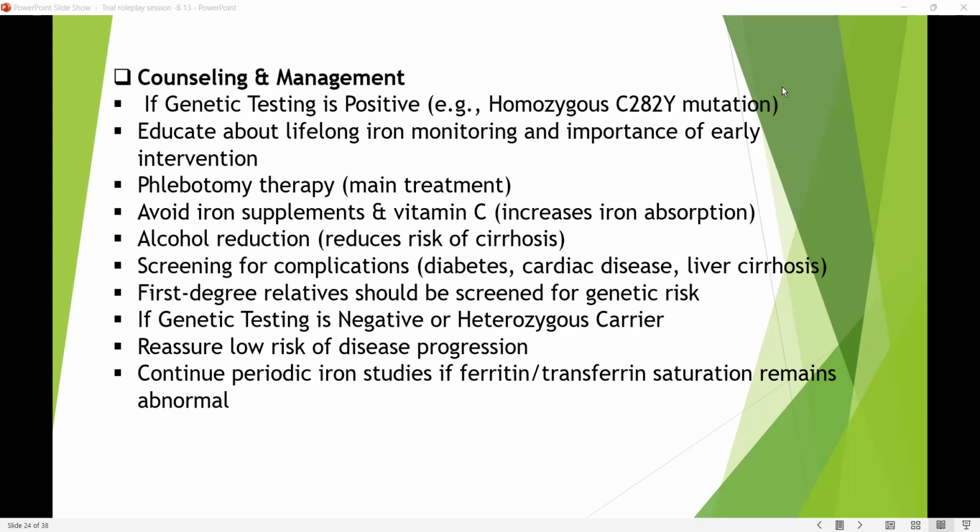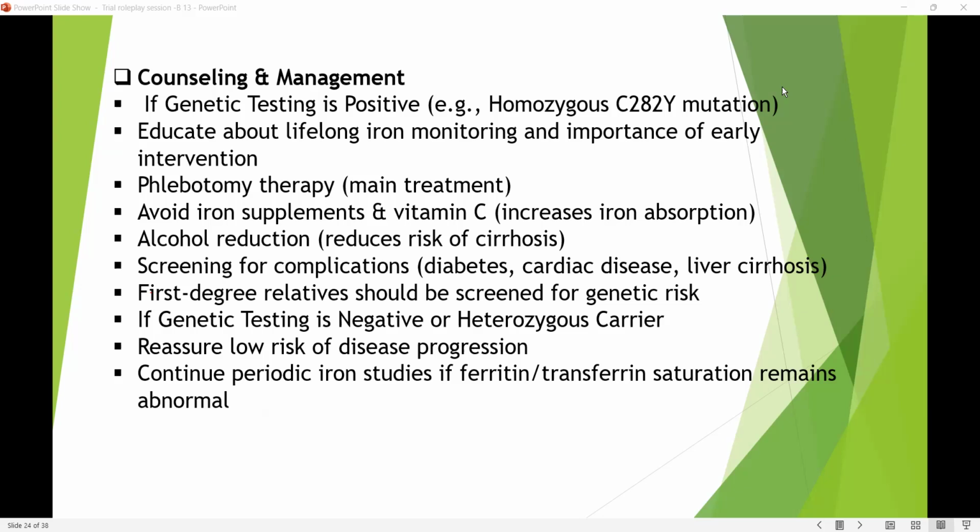We have other options as well, like avoiding iron supplements and vitamin C, and definitely alcohol reduction because there is a risk of liver cirrhosis. We are going to do further investigation to check for any complications like diabetes, heart condition, liver cirrhosis. And as I said, your first degree relatives should also be screened for genetic risk as well.